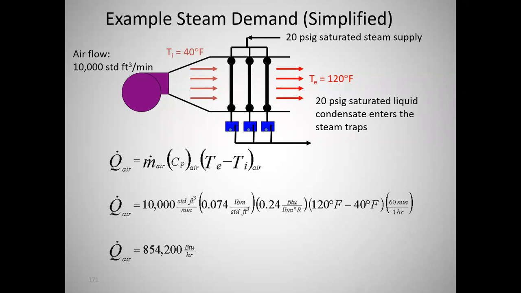Just m dot Cp delta T, back from your thermo days, that's pretty simple. m dot is the volume flow rate, the 10,000, times the density of the air, 0.074 pounds mass per standard cubic foot, times 0.24, the specific heat Cp for air, and the delta T. So we're currently using 254,200 BTUs an hour.